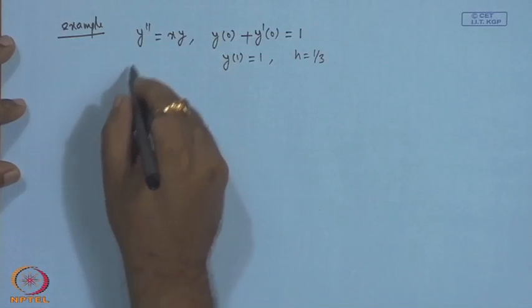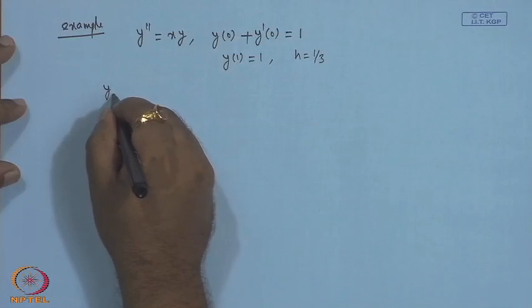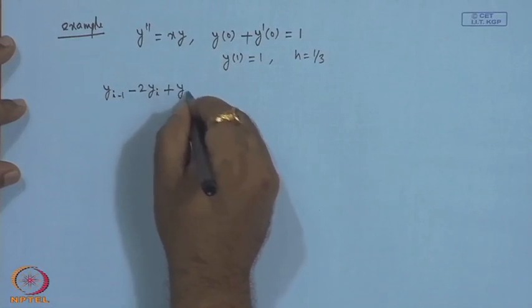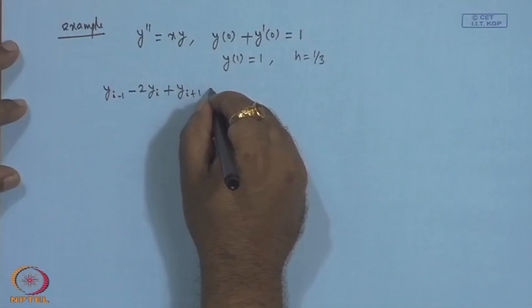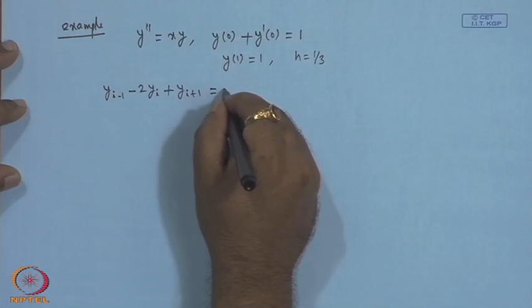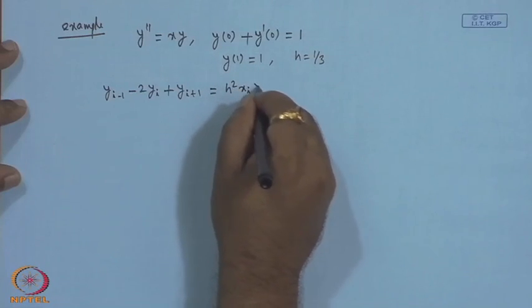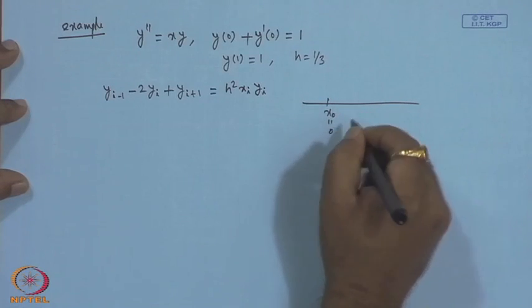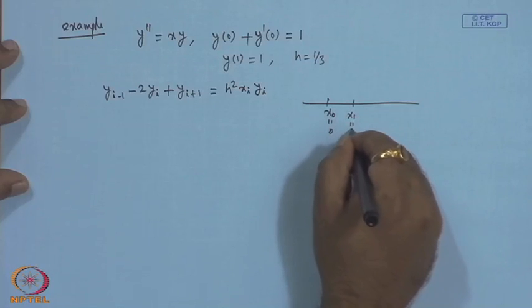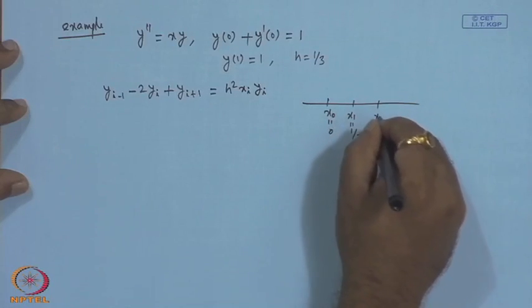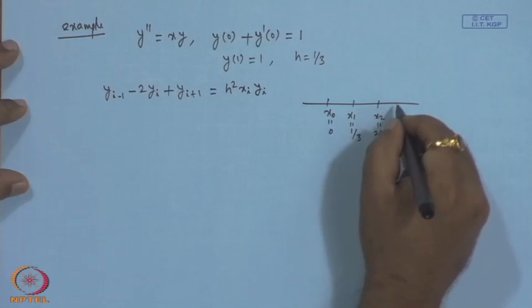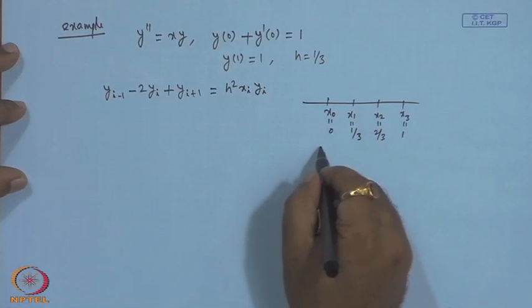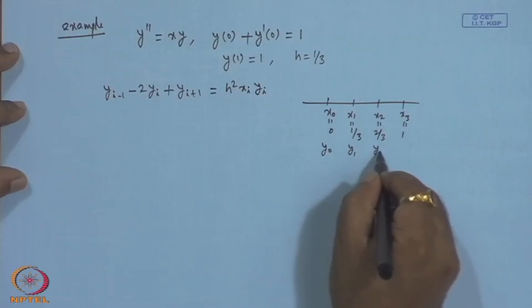So, let us discretize the equation. We need to find y 0, y 1, y 2.